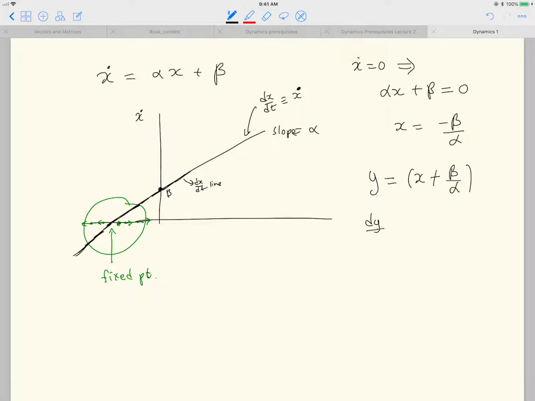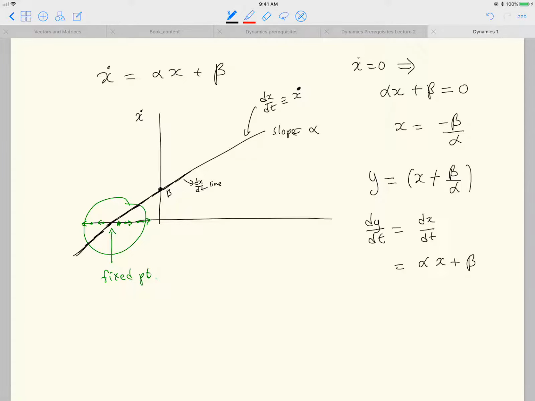dy by dt, well, if we take the derivative of what's on the right-hand side with respect to t, beta over alpha is a constant. Right? That's just a constant. So the derivative of that goes away. So dy by dt is the same as dx by dt. And dx by dt, we said this is alpha x plus beta.